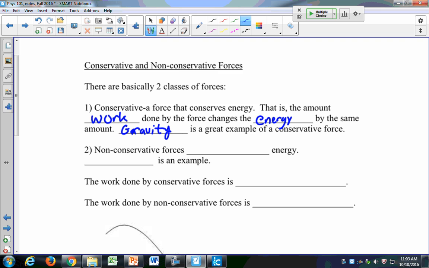In fact, do you recall we divided our forces up back in chapter 4 into 2 broad classes of forces? You remember what they were? Gravity was in one of those broad categories of forces. Okay, yeah, field and contact forces. So field forces are like gravitational and electric field forces, we'll get into next semester.